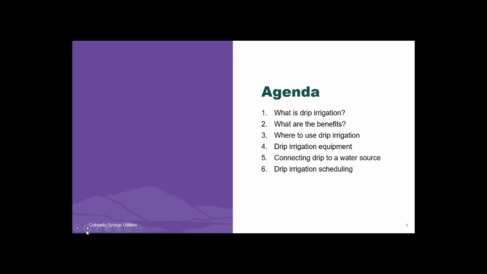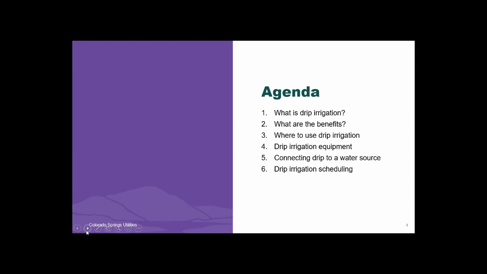So the agenda tonight, what we're going to cover is what drip irrigation really is. We'll be discussing the difference between drip irrigation and traditional overhead irrigation. We'll discuss some of those benefits. We'll talk about situations and scenarios where to use drip irrigation, and also some areas where drip irrigation is not recommended.